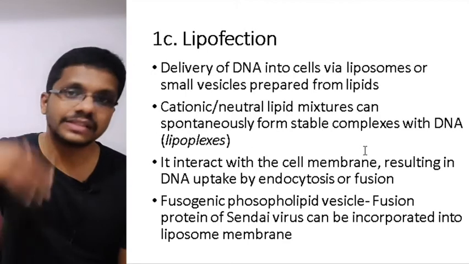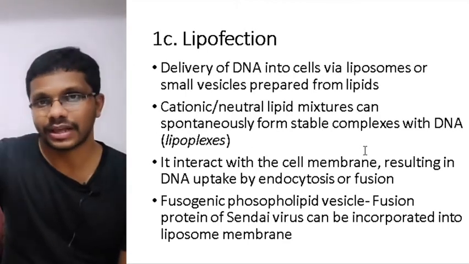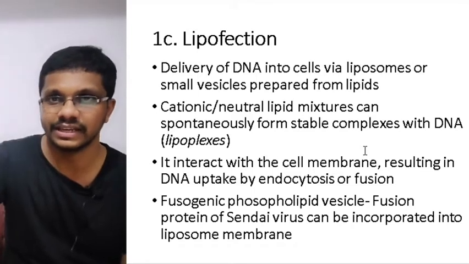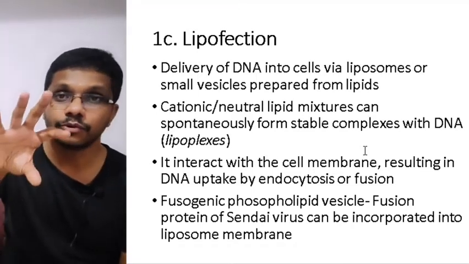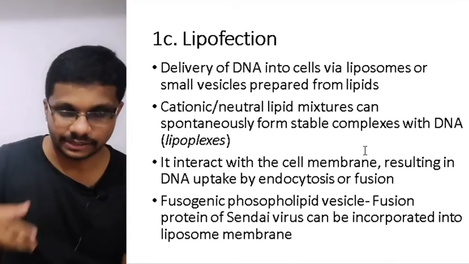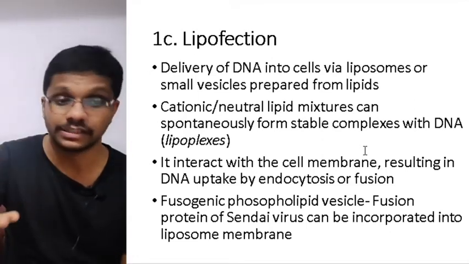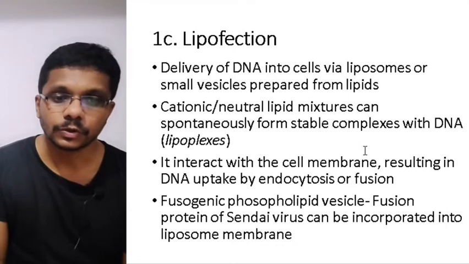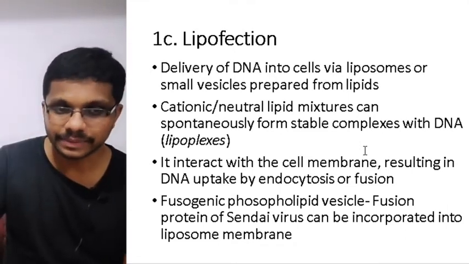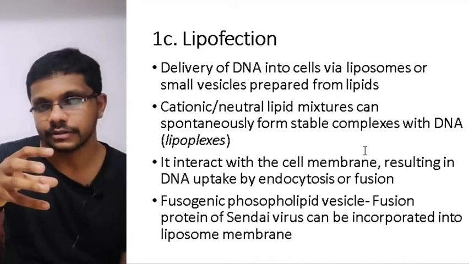Once we mix these lipids, which are bipolar, having a charged component and a hydrophobic region, they will form micelles or vesicles with the DNA spontaneously. These vesicles can interact with the plasma membrane and deliver the DNA.